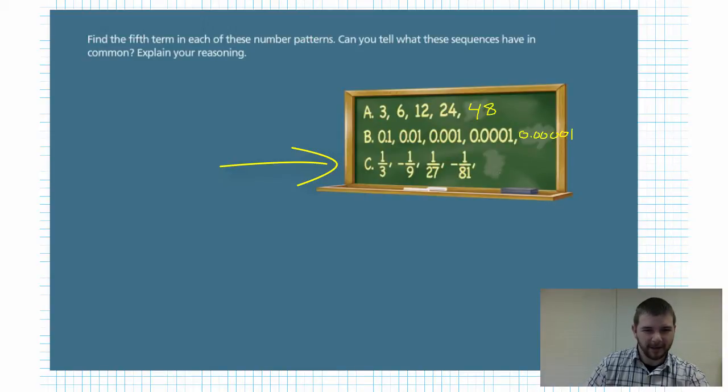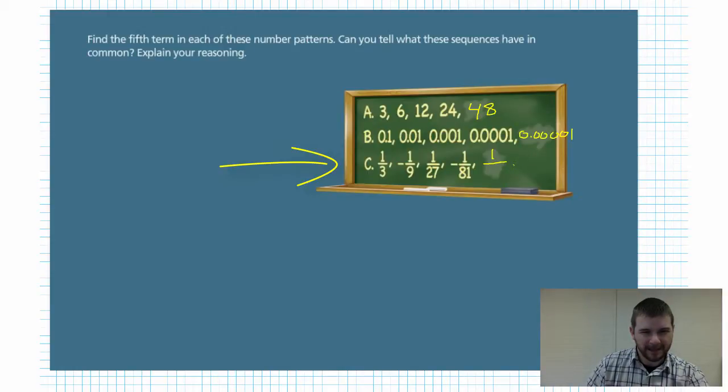-1/81st. Well, I notice definitely a positive, negative pattern, so I know that the next value will be positive. I recognize also that it will be a fraction, so I'll place a fraction bar in place. I notice the numerator is always 1, or potentially we could think of that as 1, -1, 1, -1, but a 1 numerator.